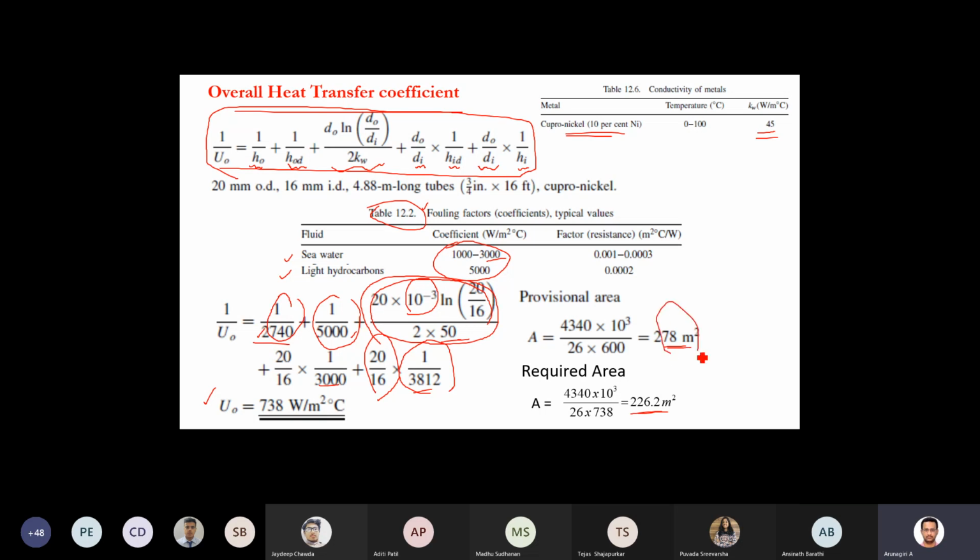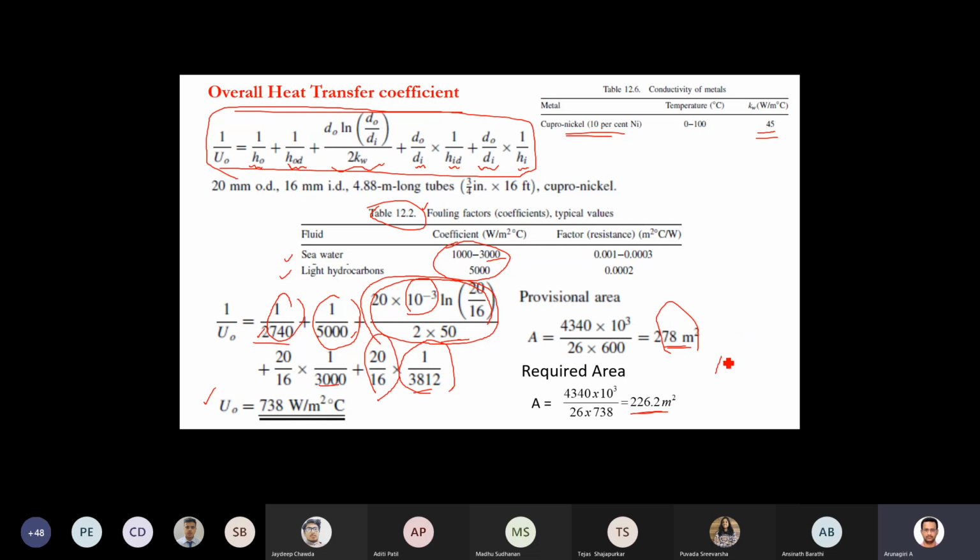So we have given more area. So now you can calculate 738 minus 600 divided by 600, so approximately the deviation is around 20%. Or you can calculate the area, 278. Required is 226. So 278 divided by 226.2 is 1.22 times.